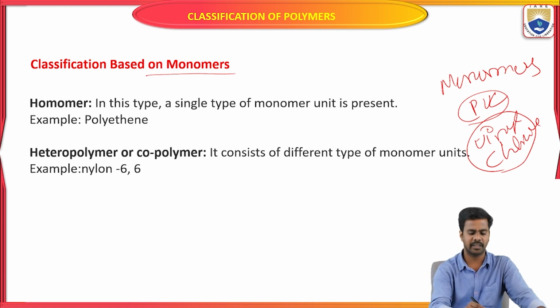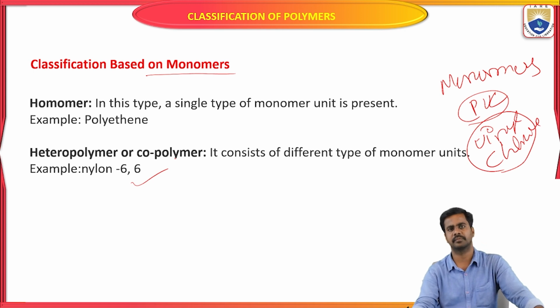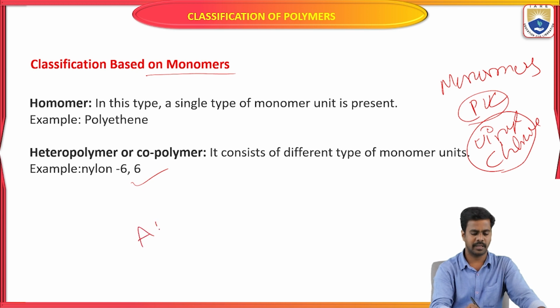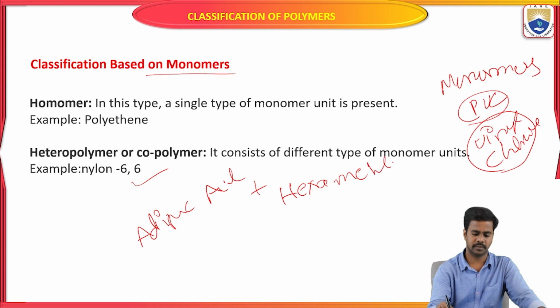For example, if you take nylon 66, nylon 66 is formed by the polymerization of adipic acid and hexamethylene diamine.